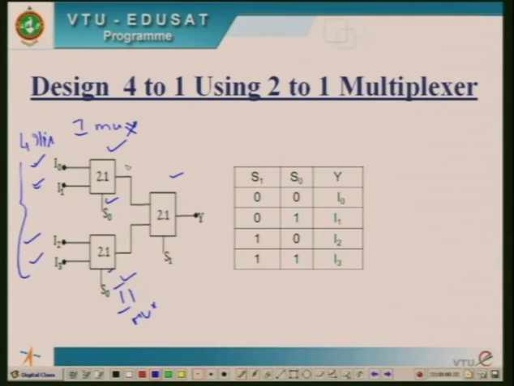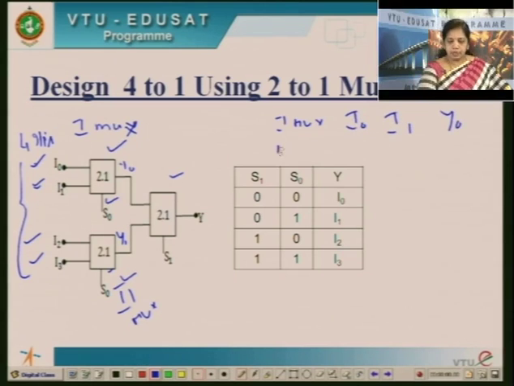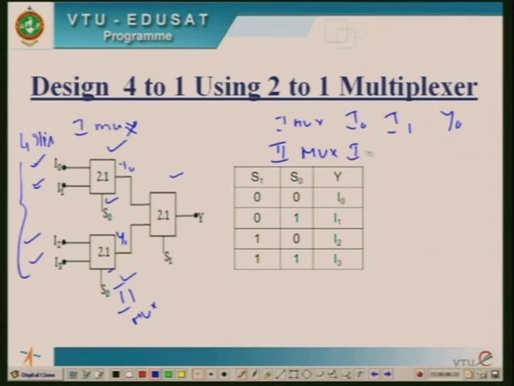So say this is output y0, output y1. So first mux we have I0, I1, y0. Second mux we have I2, I3 and y1.